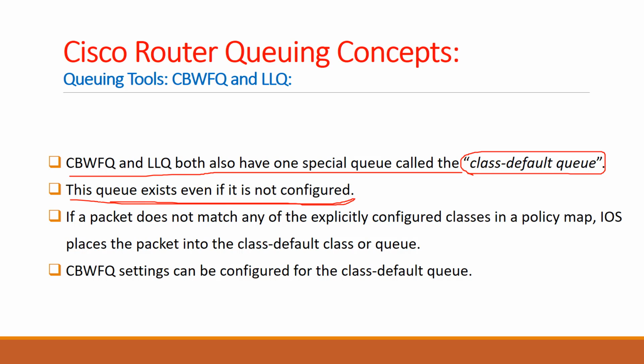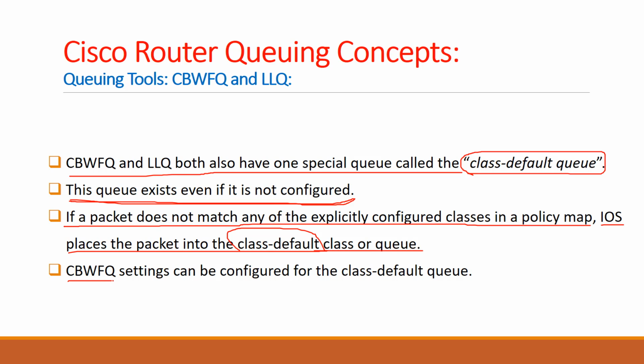What it does: if a packet does not match any of the explicitly configured classes in a policy map, IOS places the packet into the class default class or queue. So any packet that doesn't match any of the configured classes in a policy map, IOS immediately places the packet inside the class default queue.